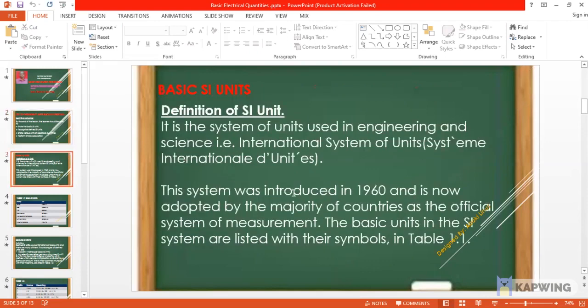So to start off with, we want to look at the basic SI unit. If I can ask, from the definition given, who can give us a summary or a brief of what the SI unit is?